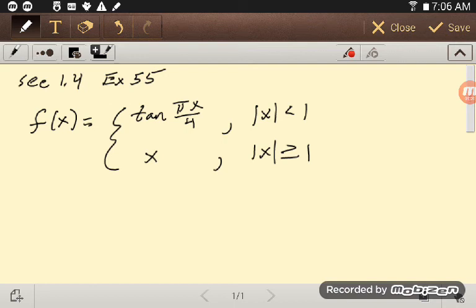This looks like a piecewise defined function with two pieces, but actually it's a piecewise defined function with three pieces because of these absolute values on the x.